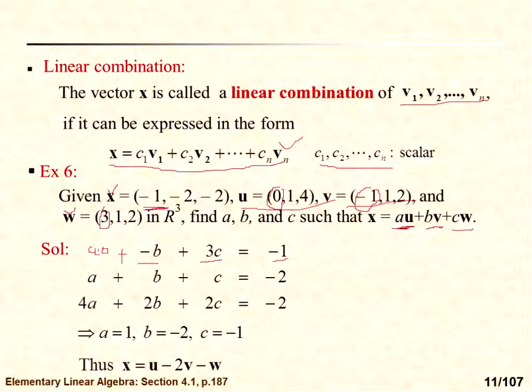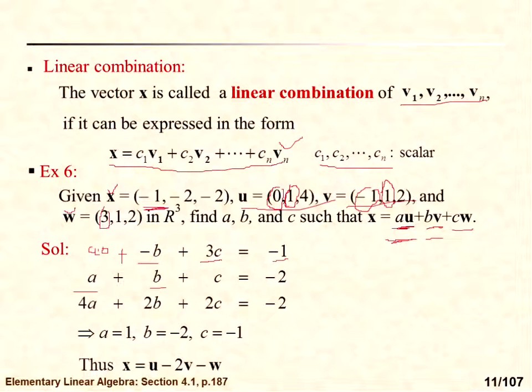Now we will move to the second element. Again I take au. So a into the second element of u, which is 1. So a into 1, again plus bv.